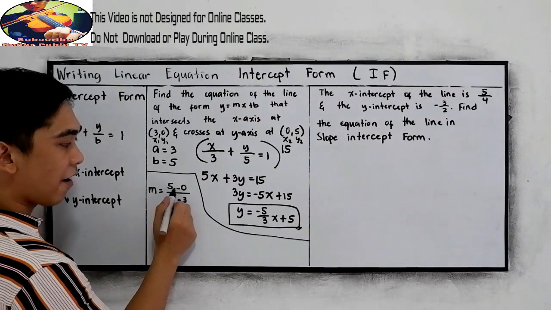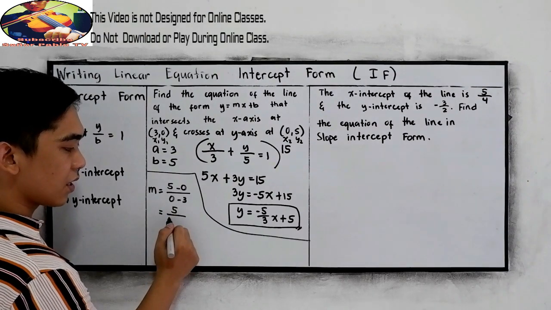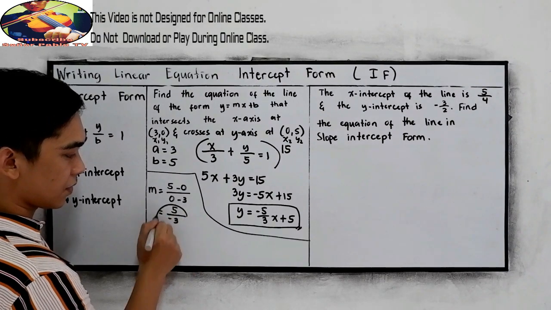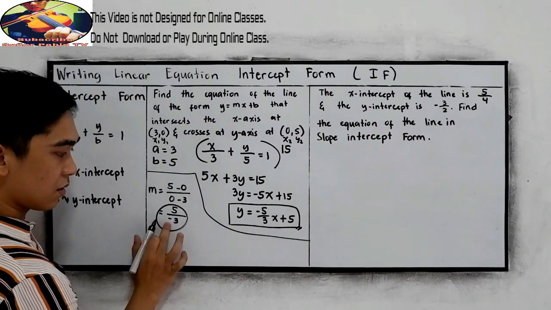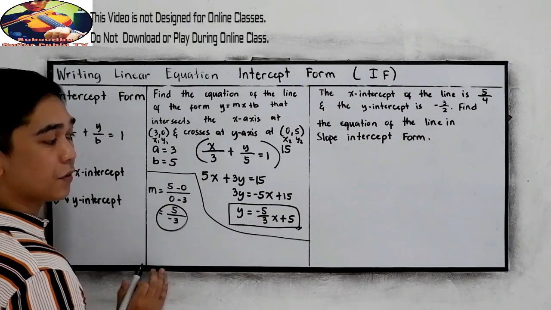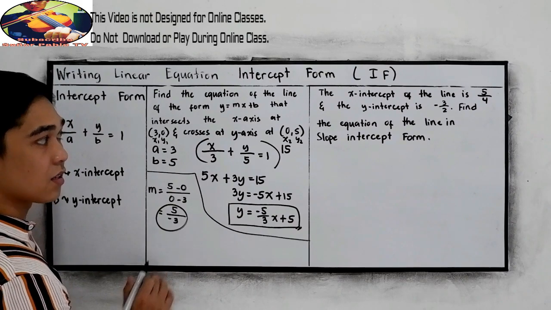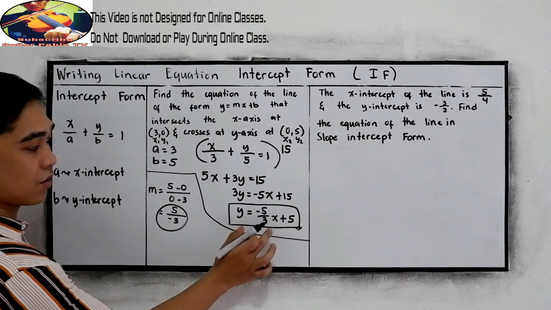So 5 minus 0, that is 5, all over 0 minus 3, negative 3. That will be our m, which is correct. Our m here is negative 5 over 3. Okay, since given the y-intercept, we can convert into this form.